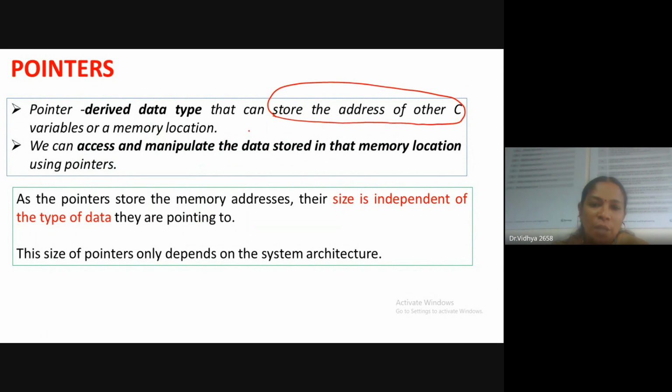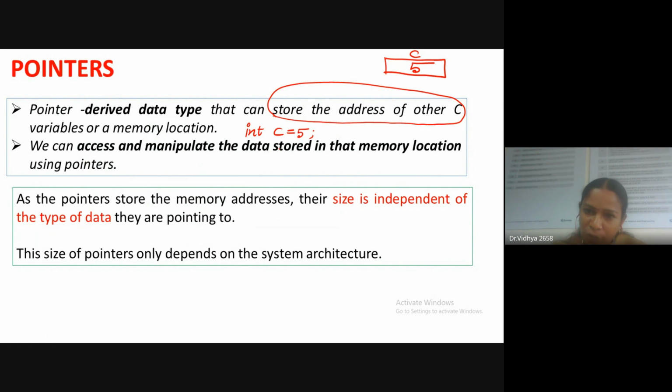In the case of our normal C variable, for example, I am declaring a variable as int c and assigning the value 5. What will happen is a memory space of size 4 bytes will be allocated with the name c, and in that memory location the value 5 will be stored.